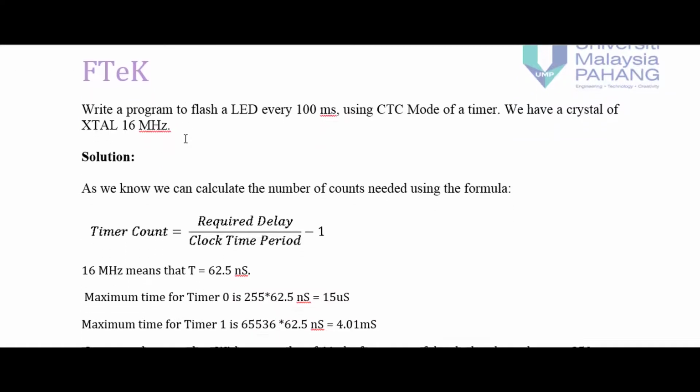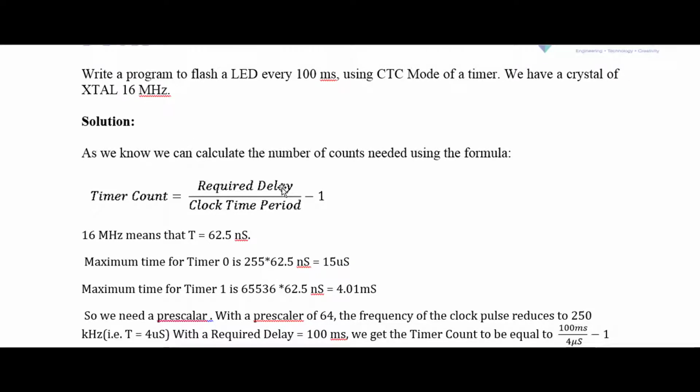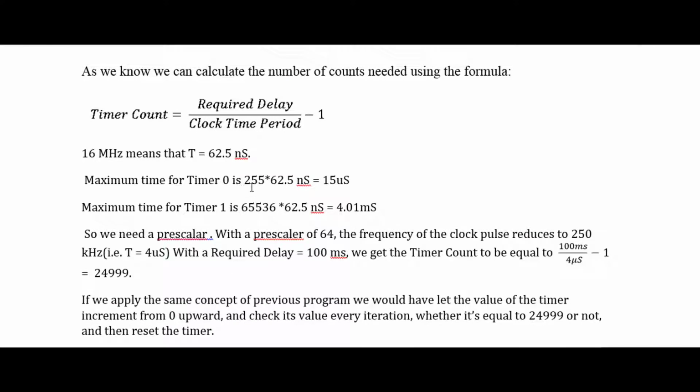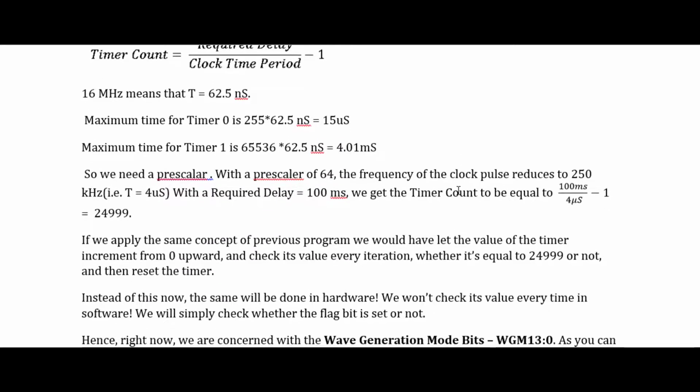So solution, we start by calculating the timer count. We calculate T, the period, which is 62.5 nanoseconds. The maximum for timer 0 is 15 microseconds. The maximum for timer 1 is 4.01 microseconds, if we are using the same clock. So we need a prescaler because even timer 1 is not sufficient.